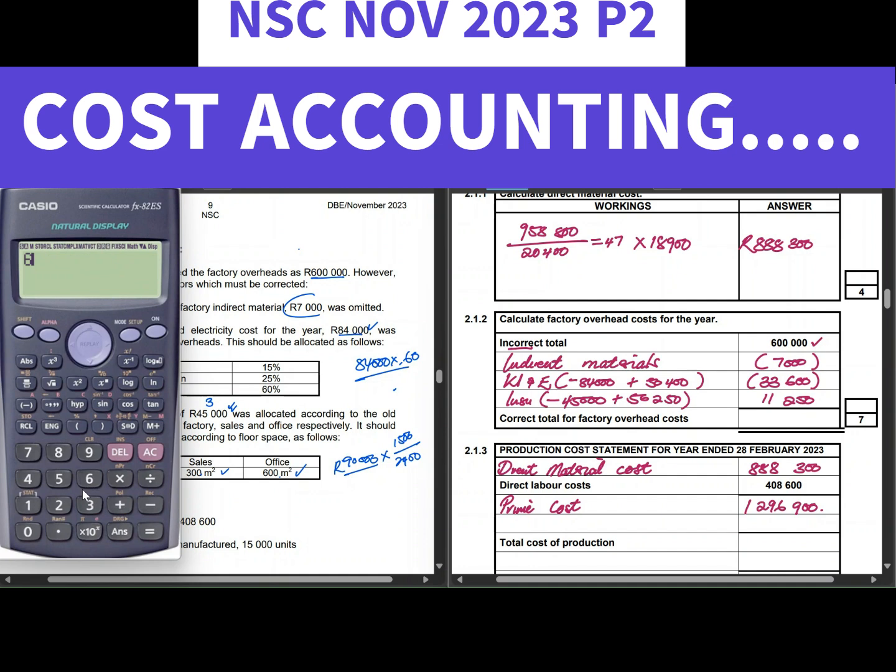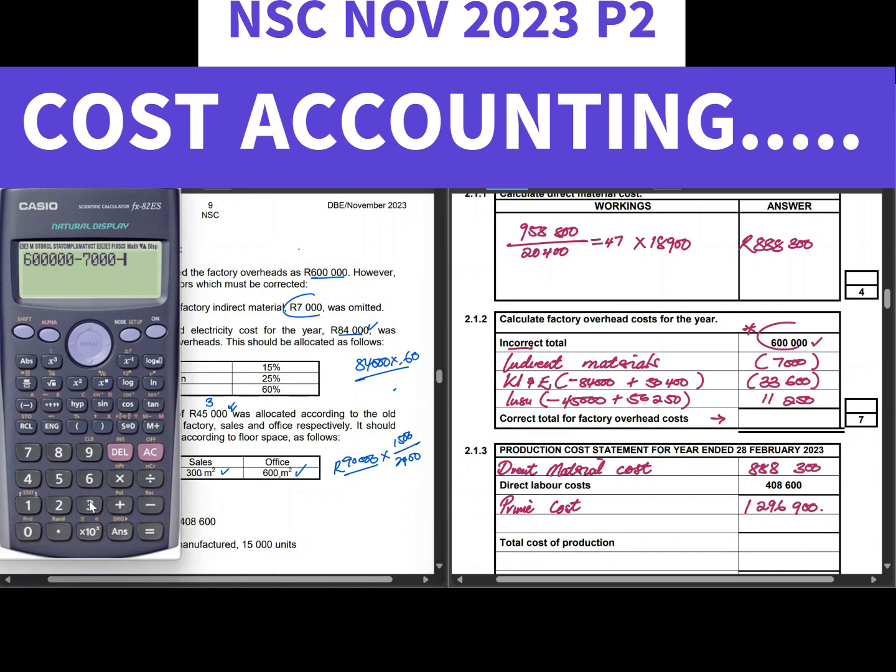And then I will now say 600,000. I'm now getting the total amount here at the bottom because I'm done with all my adjustments. Don't forget to add this amount. I've seen that most of you would forget to add that 600,000 and we just start with the 7,000 there. That is incorrect. You need to remember that 600,000. Then I'll say minus 7,000 over there.